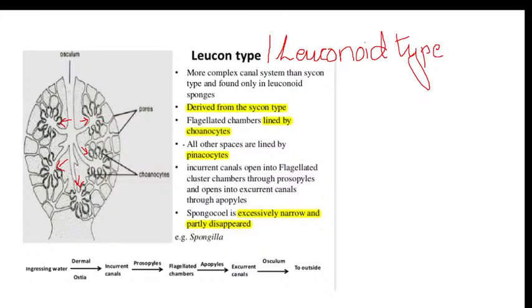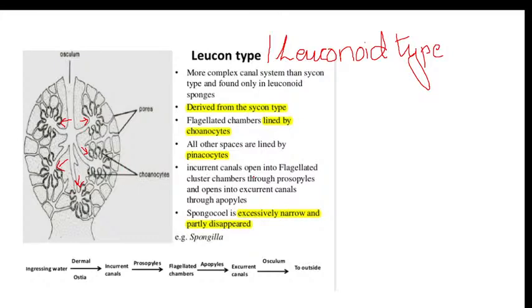Only these regions have flagellated cells, and these flagellated cells help in digestion. So the incurrent canal, all other cells, what are the cells everywhere else? They are pinacocytes. Pinacocytes means there is no flagellum, they are flat cells.